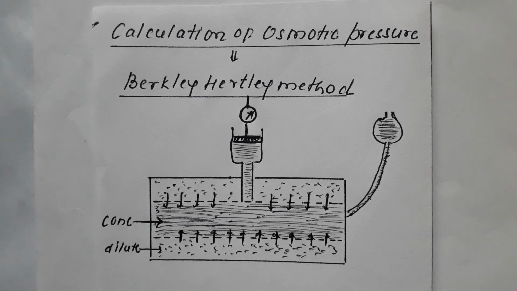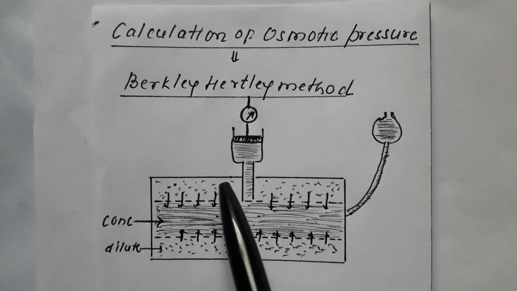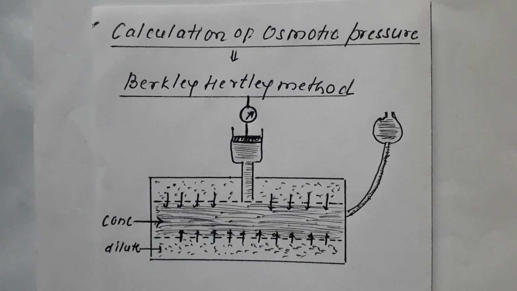In this method there are two concentric tanks. There is an inner tank, made up of a semi-permeable, porous membrane, and then there is an outer tank.